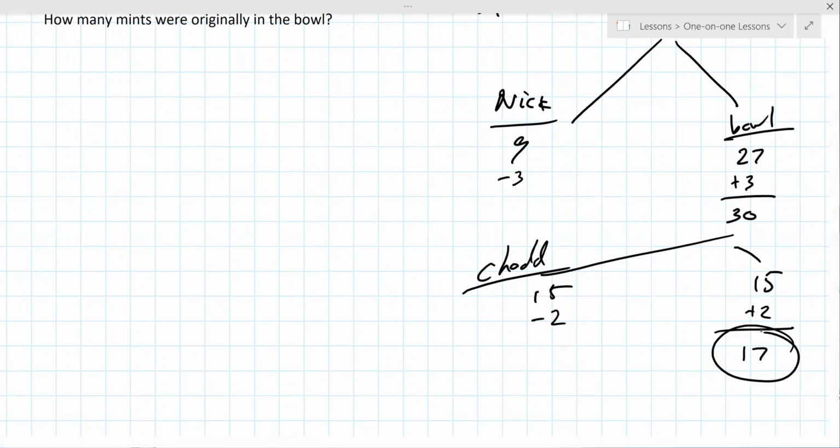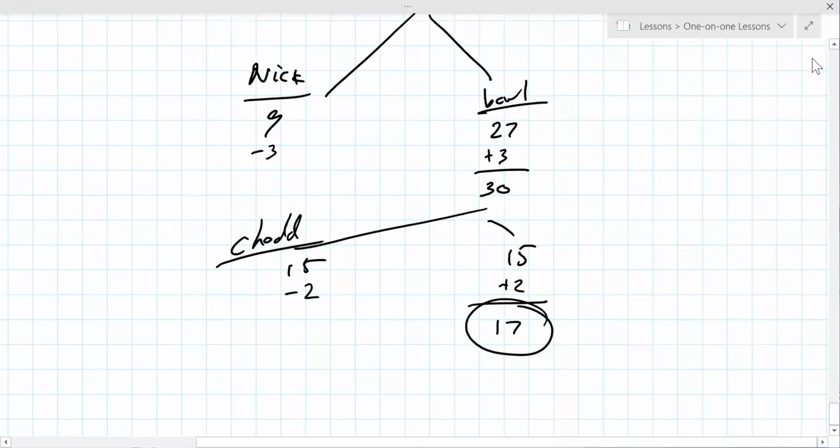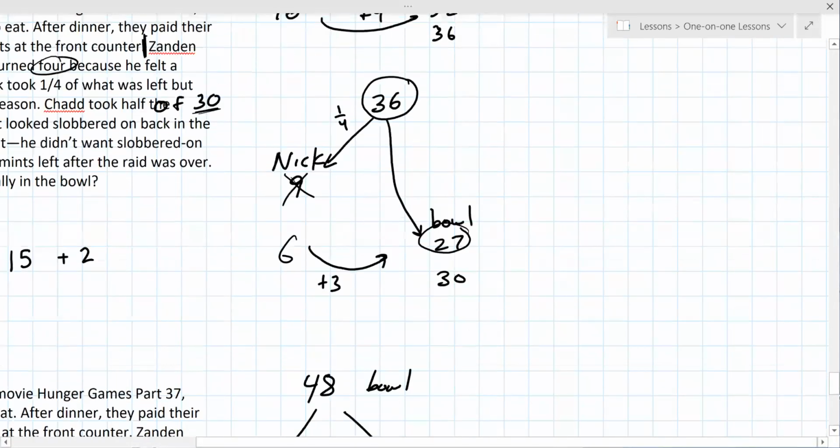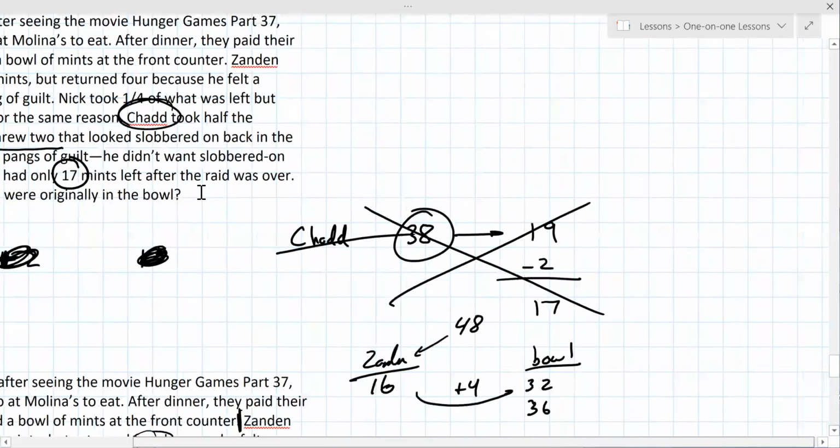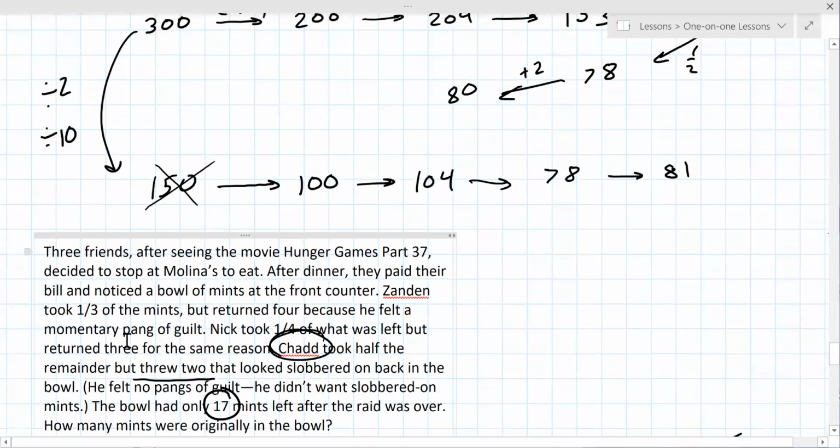Now, as a reminder, I'm going to send this to you as a PDF when we're all done, so you'll have the solution to this. But notice, I'll just point this out here. Notice if we had just tried to keep guessing and checking, let me slide this back over, we went down to 150.